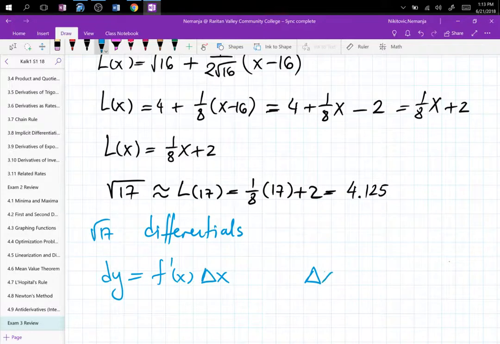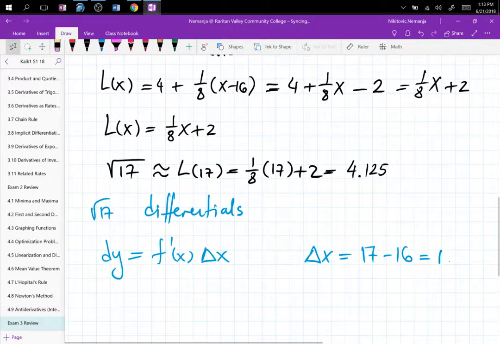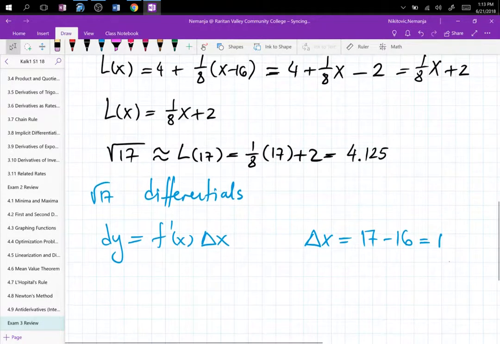Your delta x is new minus old, so 17 minus 16, which is 1, because you are trying to see the change from 16 to 17. 16 is old, 17 is new, because it could go the other way.